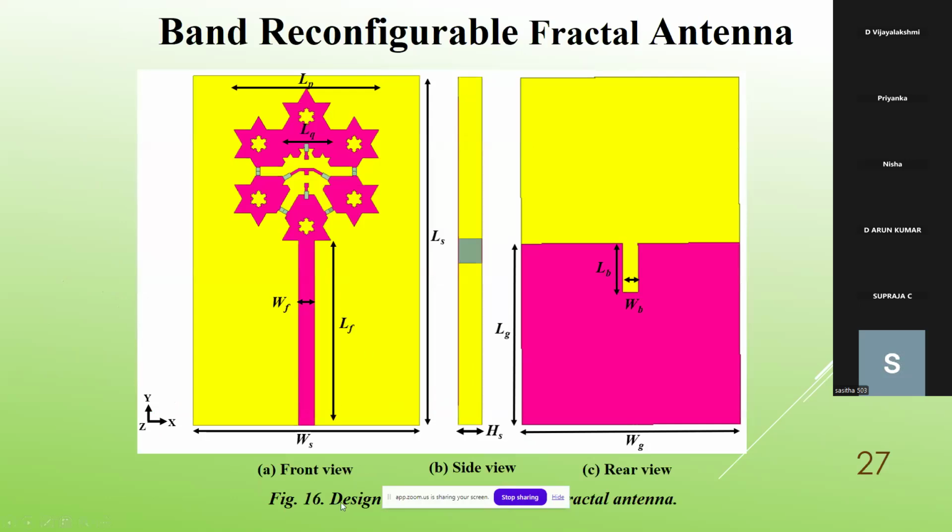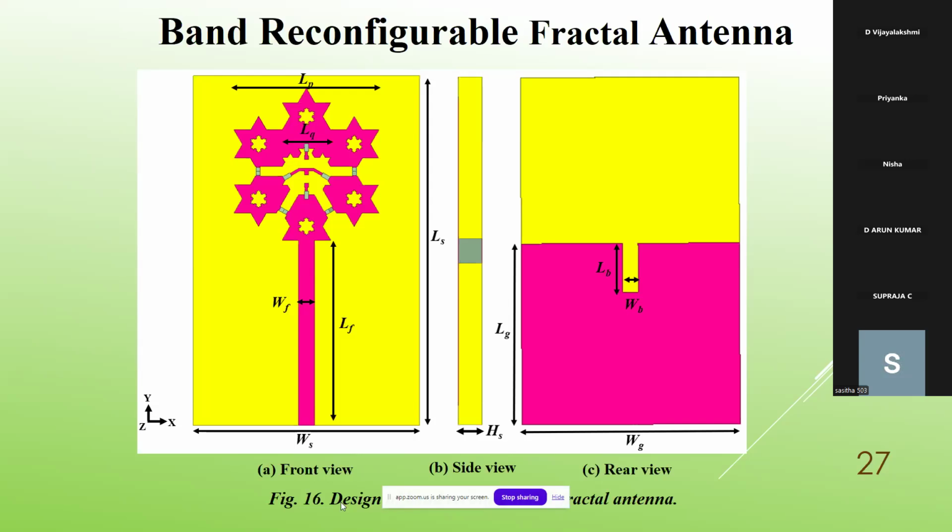Coming to the design, this looks very good, but it is really not so simple. It is very complicated. Two types of fractals are used here. I'll go step by step, as there is an evolution, and I'll explain thoroughly so that you can understand and work on it. It is a Koch snowflake plus Sierpinski carpet.